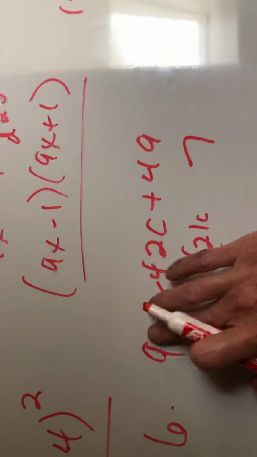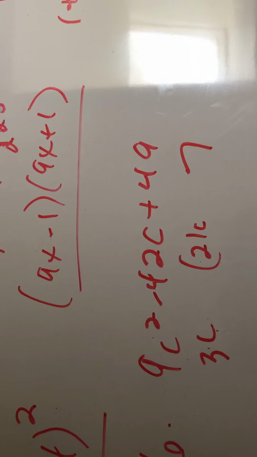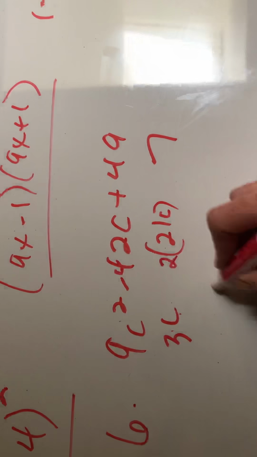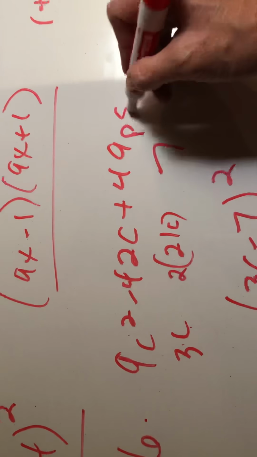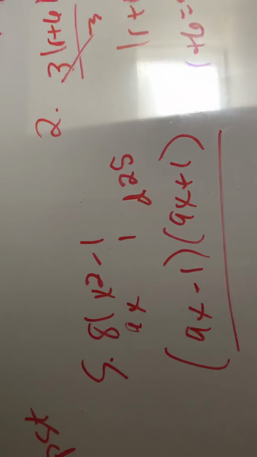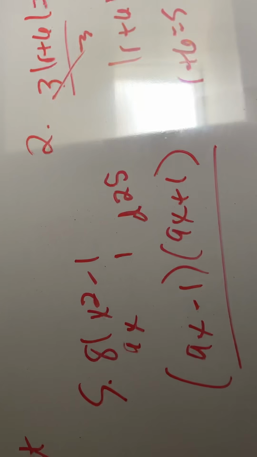Oh, guys, sorry, it's C. If I double that, I get 42. 2 times 21 is 42. So 3c minus 7, all squared. Perfect square trinomial. That's how you factor perfect square trinomials and difference of two squares. So hopefully that'll help, you know, get the dust off your brains, that kind of thing.